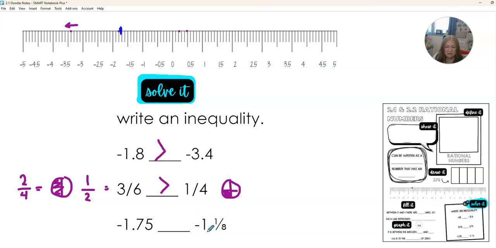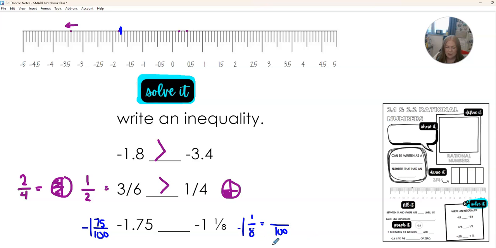Now we also have negative 1 and 1/8. So if I'm thinking about this one here, I'm going to turn that into a fraction first. So we have negative 1 and 75 out of 100. So we have quite a bit of that here. This one we only have 1 out of 8 pieces. So let's turn that into 100.